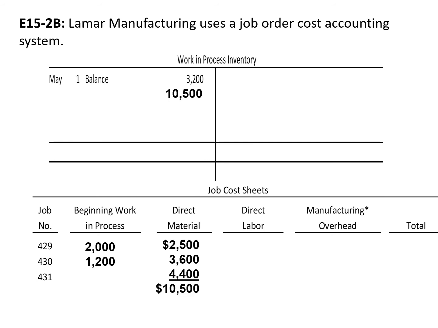And the total that we assign to the jobs must equal the total that we post to the work in process inventory. We also had direct labor of $12,800, and again, similar to direct materials, we're going to simply assign those costs to the job in which it incurred those costs.